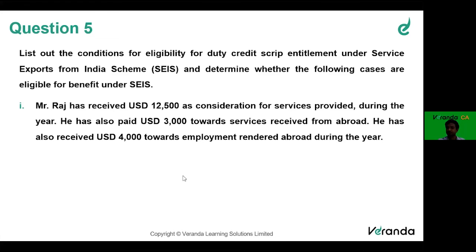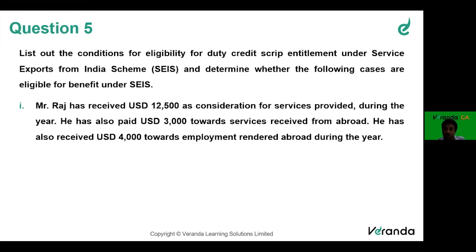As rightly said by Ravi, as I said in the beginning, the net foreign exchange is important here. Net foreign exchange should be more than 10,000 for me to be eligible for these SEIS scripts. For small service exports, there is no script available. Net foreign exchange is what I receive minus what I pay.